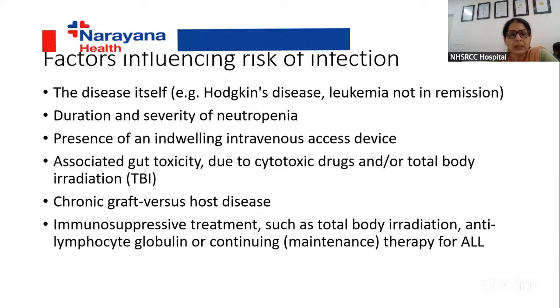Second is the gut translocation of bacteria. Because of the heavy chemotherapy, they have a lot of mucositis, and so that causes the gut translocation of the gut bacteria. If the child has received a transplant, then acute or chronic GVHD can also be a culprit. And if the child is on immunosuppressive treatment like high-dose steroids or total body irradiation, or has received anti-lymphocyte globulin, all these children can definitely come with neutropenic fevers.